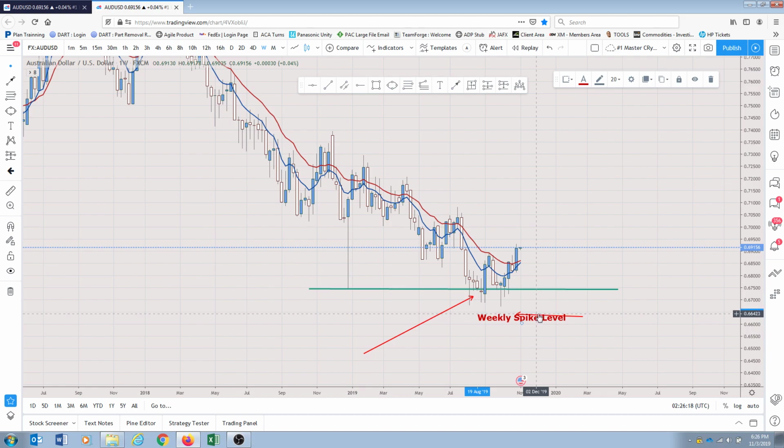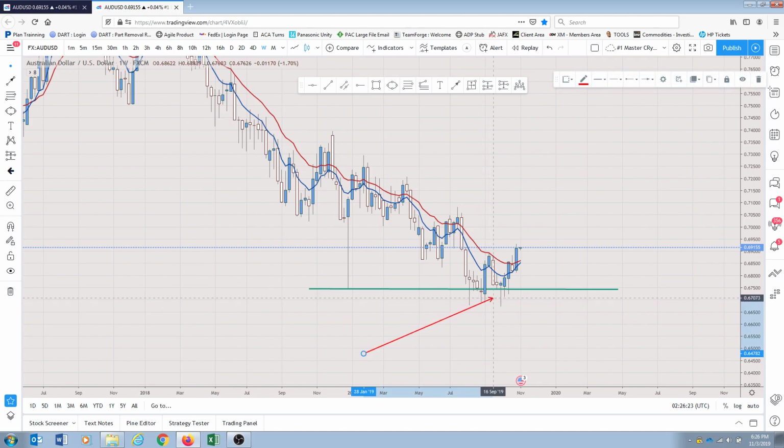And what we're looking to possibly do is, if the EMA 8 and 18 on the weekly chart right now cross here, we potentially might start seeing an uptrend.